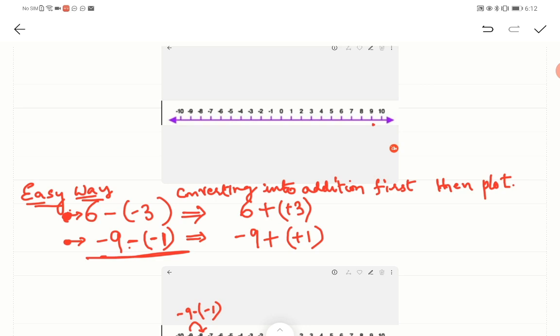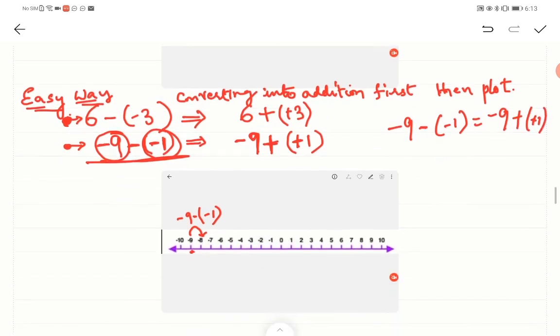Okay, so according to rule, take the first number as it is, this is minus 9 as it is, and we want to change the sign to plus. So plus is taken, and the second number is same, but the sign of the second number is taken opposite. So here it is minus, so we have taken plus 1. Okay, so minus 9 minus of minus 1 is the same as minus 9 plus of plus 1.